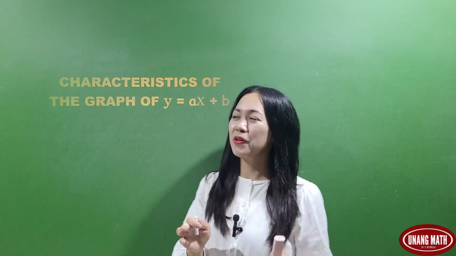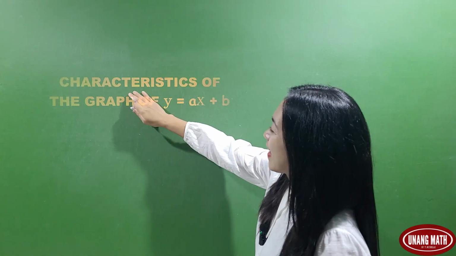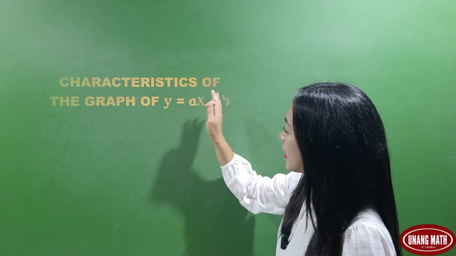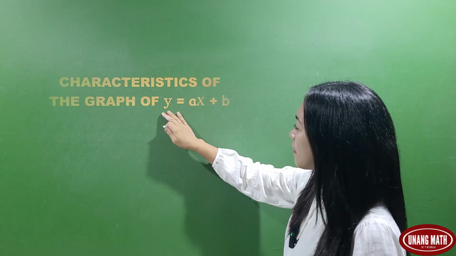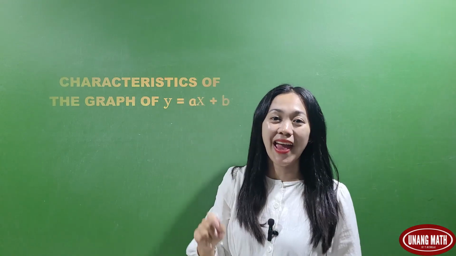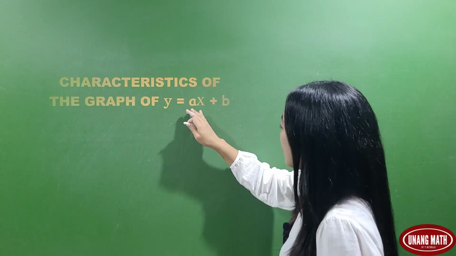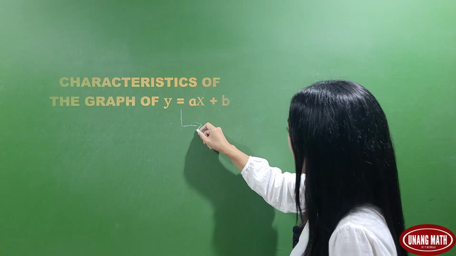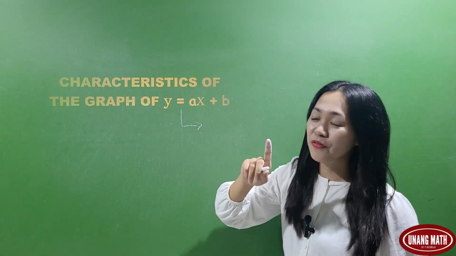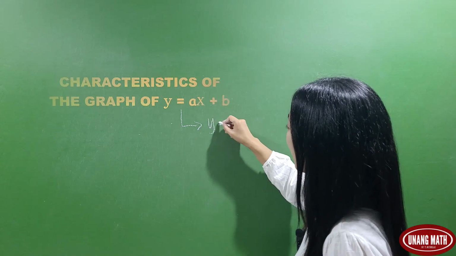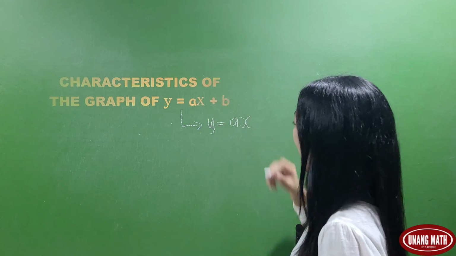For this episode, I will be covering this lesson about the characteristics of the graph of this linear function y is equal to ax plus b. This function y is equal to ax plus b is from the function y is equal to ax.